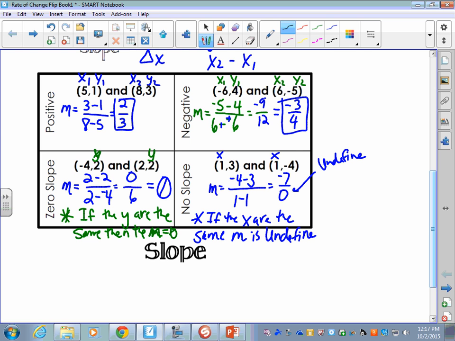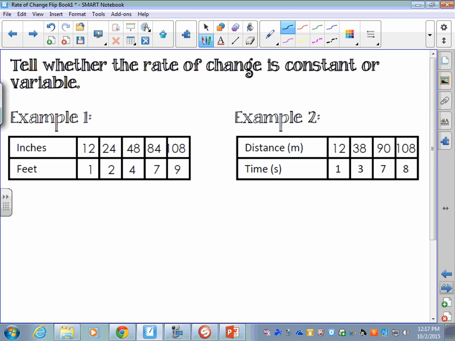Now we're going to look at slope is the same as rate of change. Slope is the same as rate of change. Flip your book. Tell whether the rate of change is constant or variable. Well, we have to first determine the rate of change, or the slope. We're looking at inches and feet. How do we determine inches and feet? Yeah, ruler.